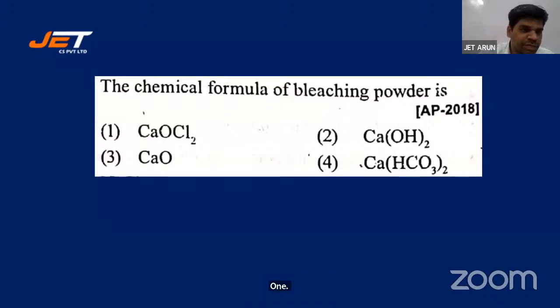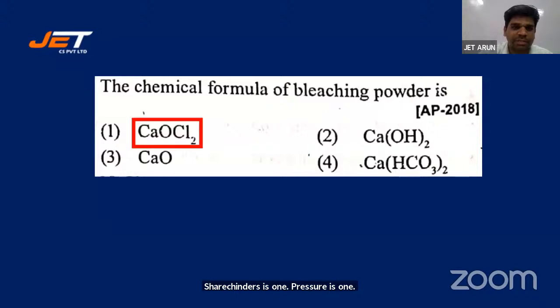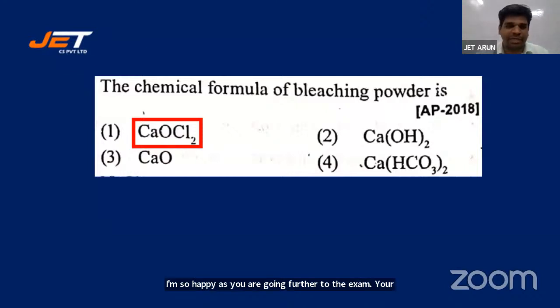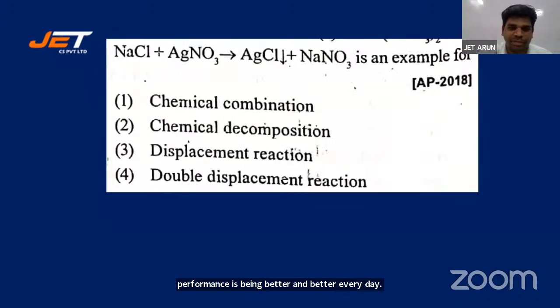Juveria says 1. Sharat Chandra says 1. Rajeshwari says 1. Sai Teja says 1. Okay, good students. Let's see the answer. 1 is again absolutely right. You people are performing so well. I'm so happy. As you're going closer to the exam, your performance is getting better and better every day. Very good, students. Excellent. Let's go for the next one.